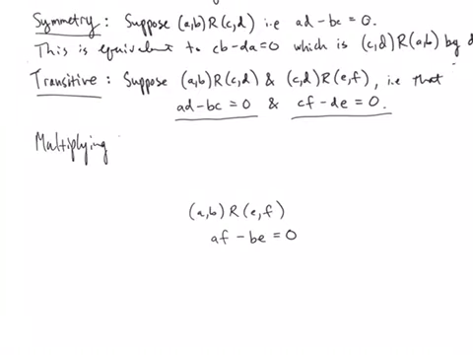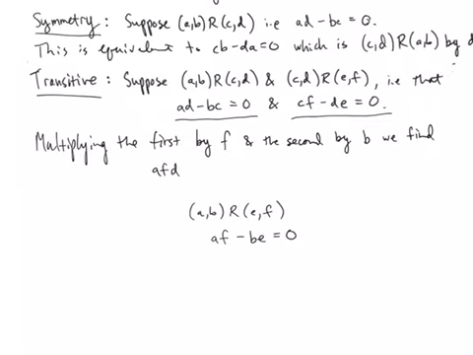So multiplying the first equation by F and the second equation by B, then we just write down the resulting equations.